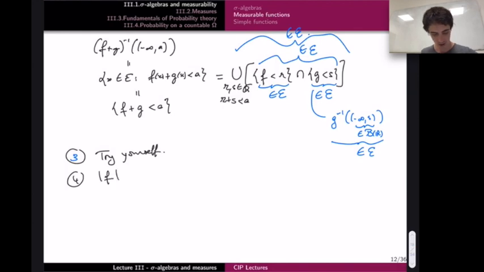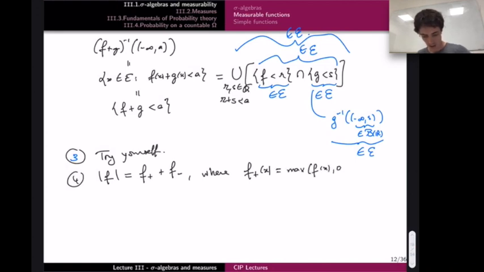So the absolute value of f, I will write it as f plus, a new function, plus another function f minus, where f plus of x, for each x, is equal to the maximum between f of x and 0. And similarly, f minus of x, so this is the positive part and the negative part, I will draw pictures later, but you can try to imagine what this is already. So this is the maximum between minus f of x and 0.